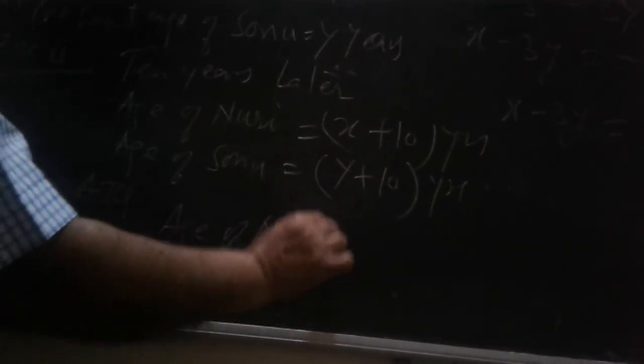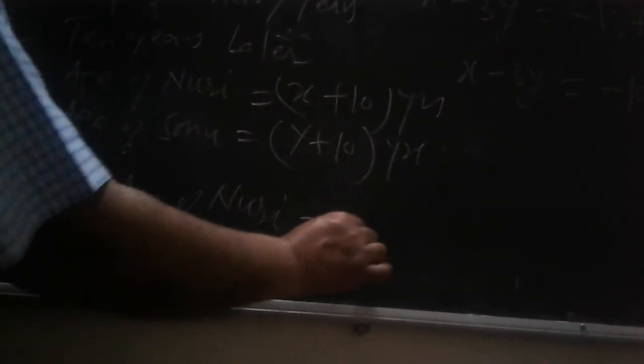10 years later, Noori will be twice as old as Sonu. Age of Noori equals twice, twice means multiplied by 2, the age of Sonu. The age of Sonu is y plus 10 and the age of Noori is x plus 10.